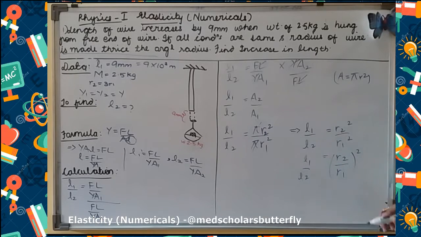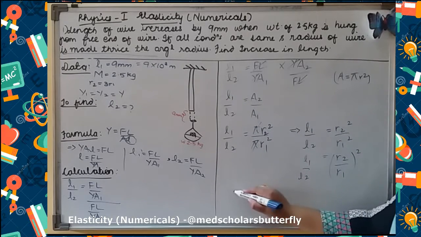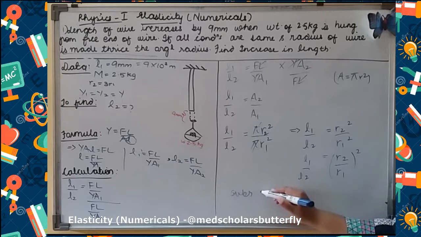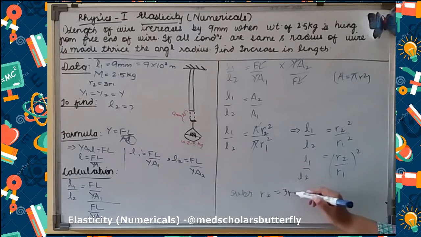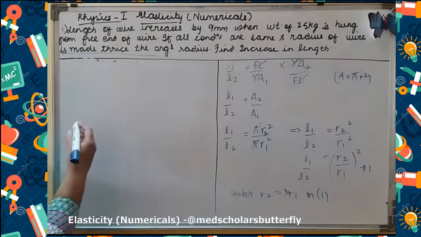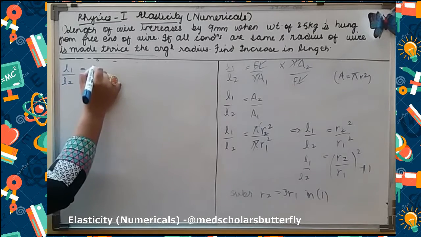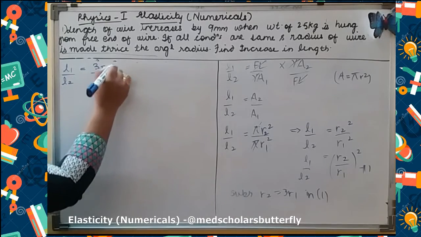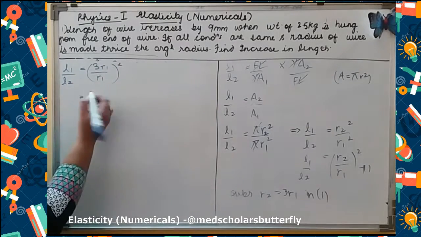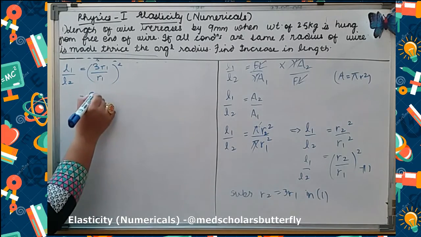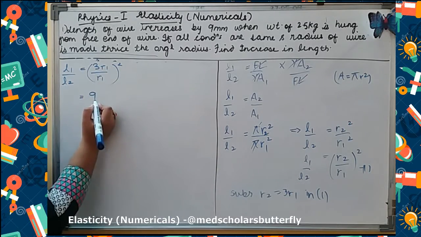But we know what R2 is: 3R1. So we substitute R2 is equal to 3R1 in equation number 1. We get L1 upon L2 is equal to 3R1 upon R1 the whole square. If we square, then 9, 3 into 3 is 9.